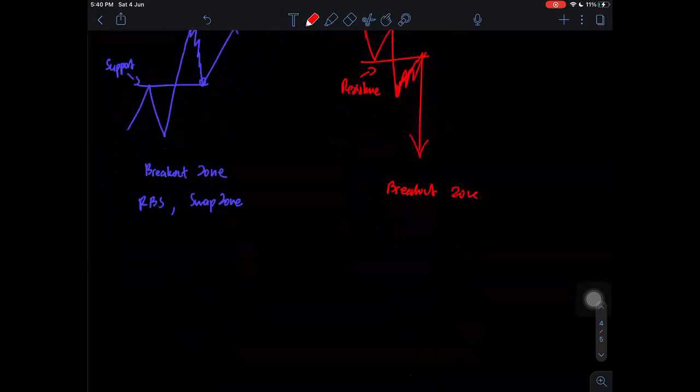And so, of course, next you have the HNS, which also stands for head and shoulders. Let's go. So you have the buy variation.